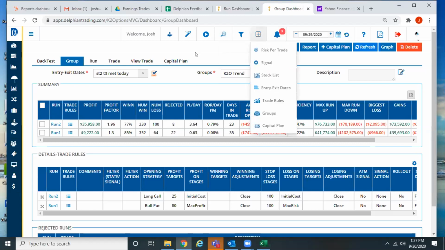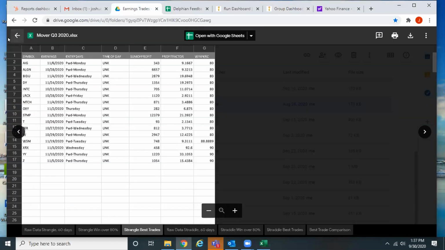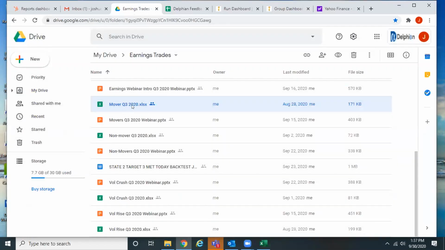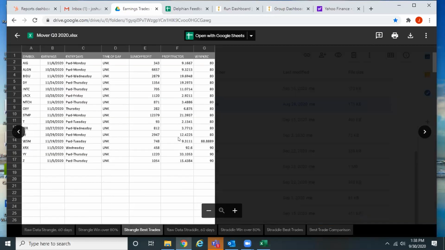Okay, so I'll go in there and populate the state 2 target 3 spreadsheet, very similar to these, with the raw data, the 80%, and then the best trade. I'll collate all of that into one spreadsheet, so once you have that, you'll be able to modify it as you see fit. If you want to only do the 90% trades, you can just delete anything under 90 and create a stock list for those symbols that are 90, 100, or whatever.